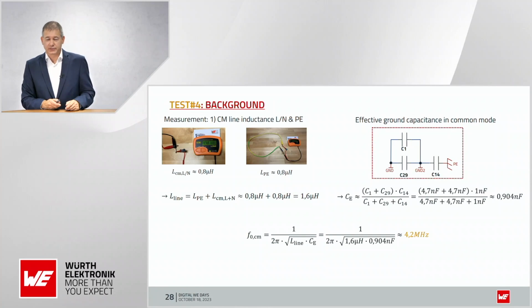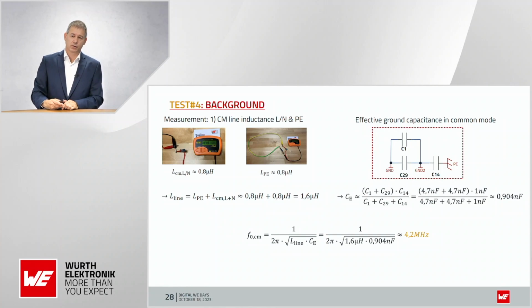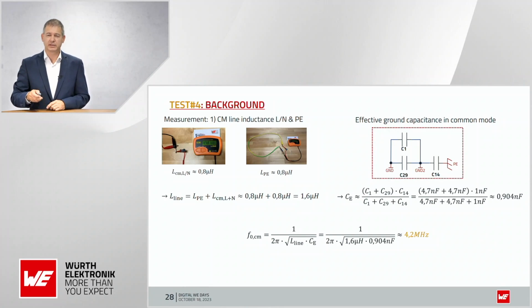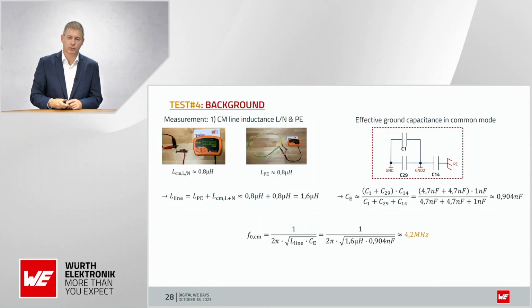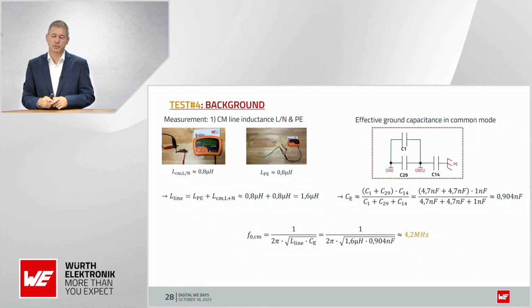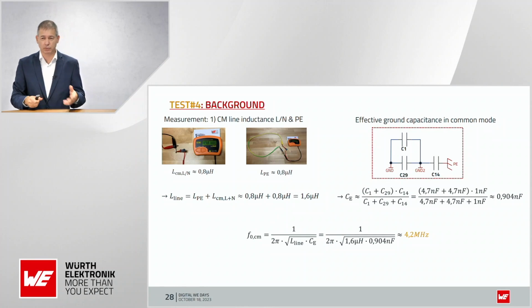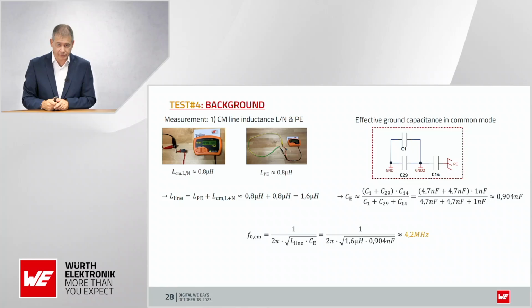Where this 4 megahertz corner frequency comes from: we activate the capacitors C1 and C29, which are in principle in parallel. We have the capacitor which routes our common mode current down to the protected earth.